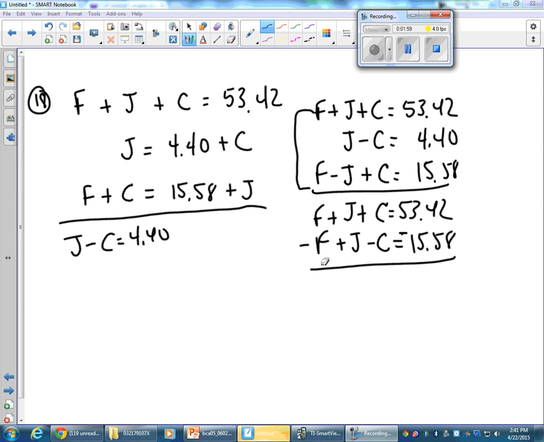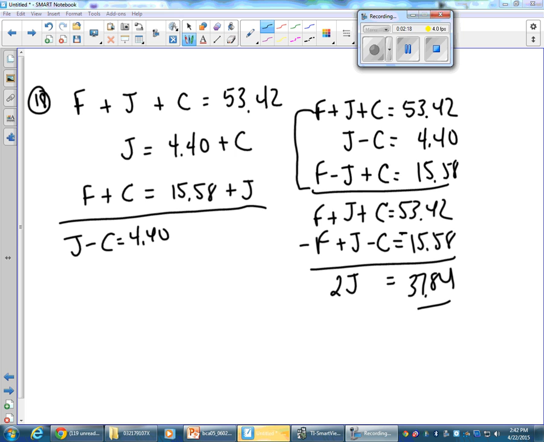Add these two lines together. The F's cancel, I get 2J. The C's cancel. Equals 53.42 minus 15.58, which is 37.84.